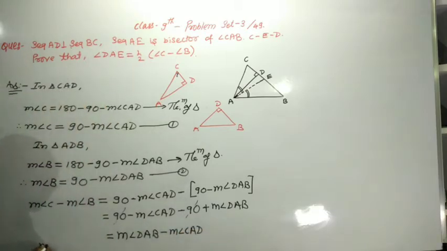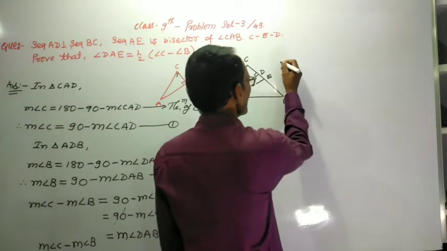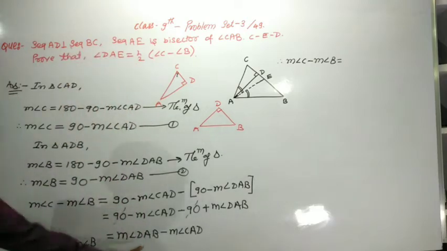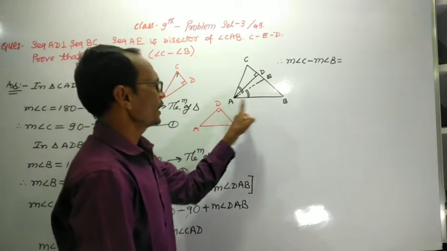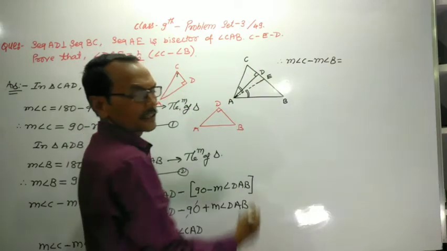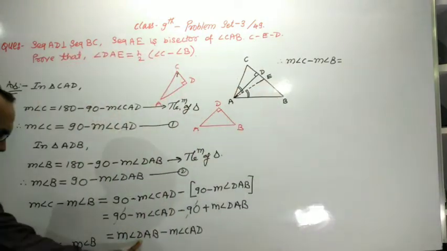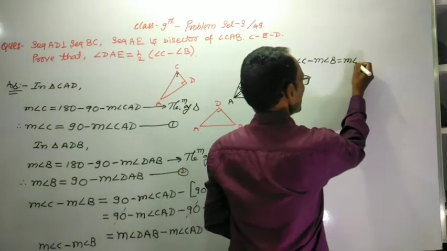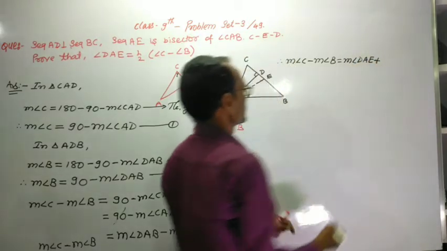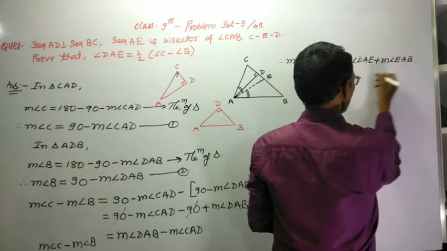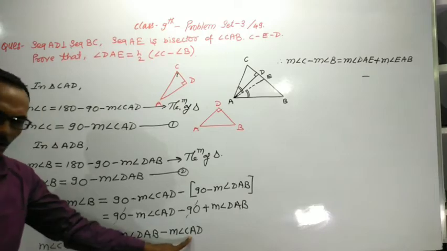This is the value of measure of angle C minus measure of angle B. Put the value of DAB, an angle which can be written as the sum of these two interior angles: measure of angle DAE plus measure of angle EAB, minus, put the value of CAD.